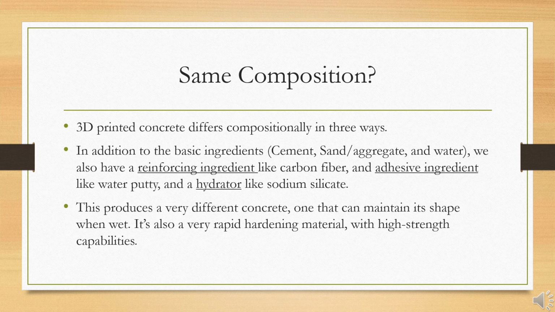In addition to the basic ingredients, which are cement, sand or aggregate, and water, we also have a reinforcing ingredient like carbon fiber, an adhesive ingredient like water putty, and a hydrator like sodium silicate. This produces a very different concrete, one that can maintain its shape when it's wet. It's also a very rapid hardening material with high strength capabilities.